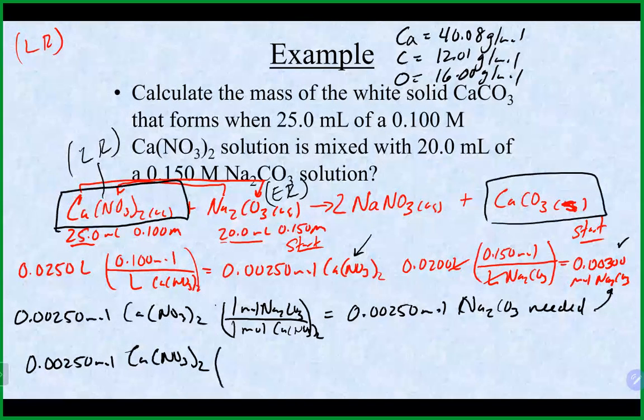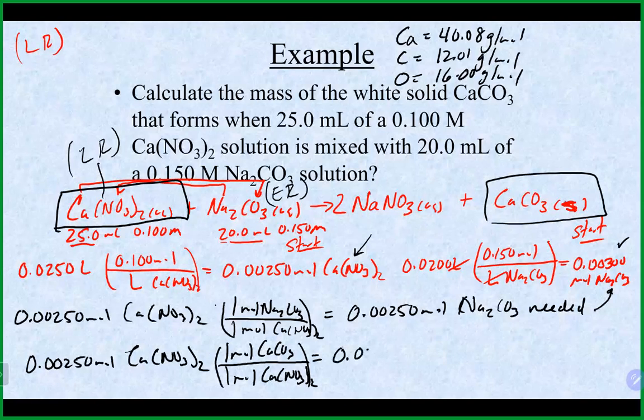Again, it won't always be 1-to-1, but it looks like we chose some easy examples here. They got 1-to-1s. So we have 1 mole of calcium nitrate gives us 1 mole of calcium carbonate. That means that we should produce 0.0025 moles of calcium carbonate.